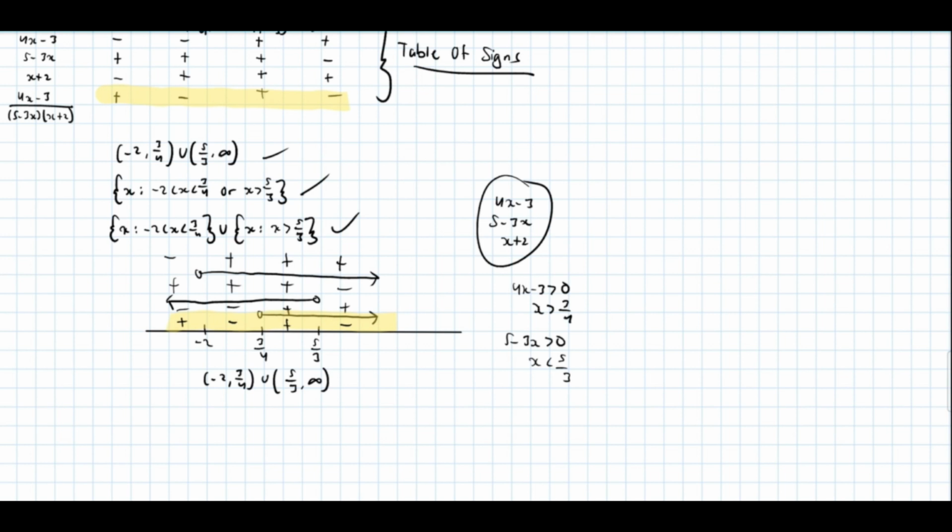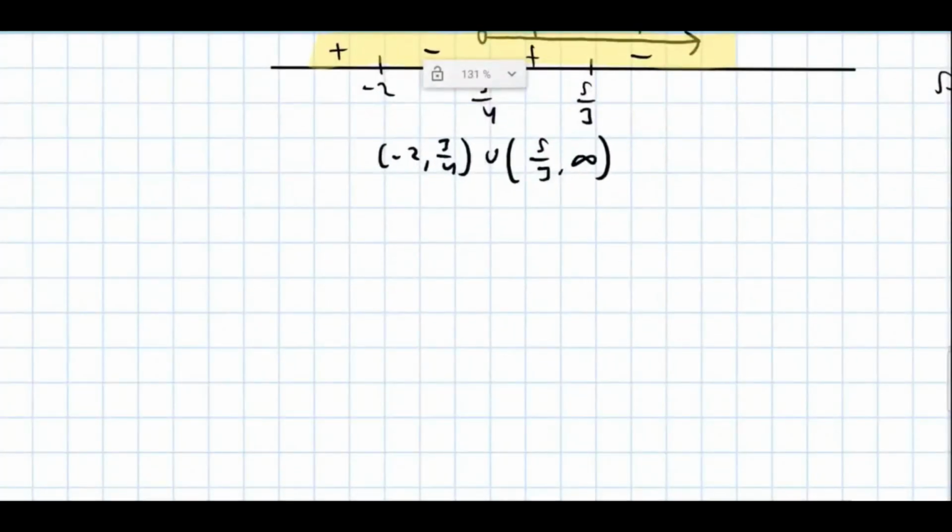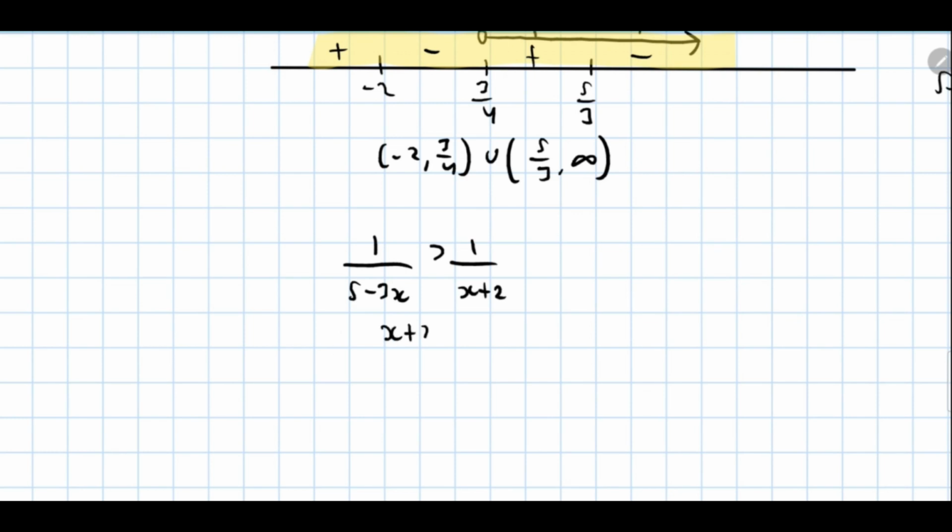If I just multiply both sides, what happens? Let's try. So what if I rewrite the inequality, but then I first multiply with x plus 2, 5 minus 3x, sorry.